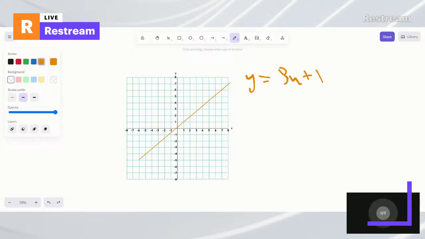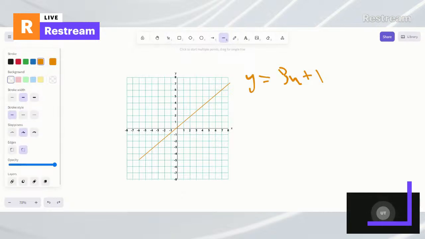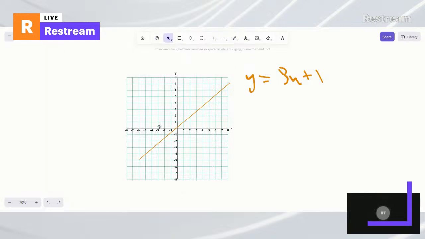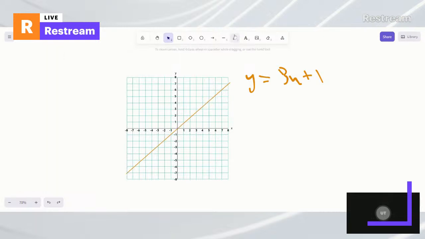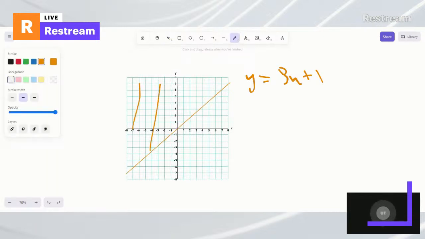Okay, so now I'm going to ask you to shade a region, or maybe the question is: give the inequality for this region. So what's the inequality for this region? Can anyone tell me?